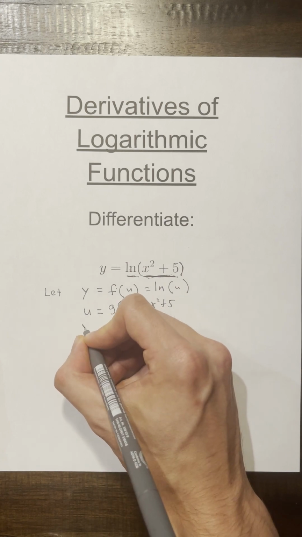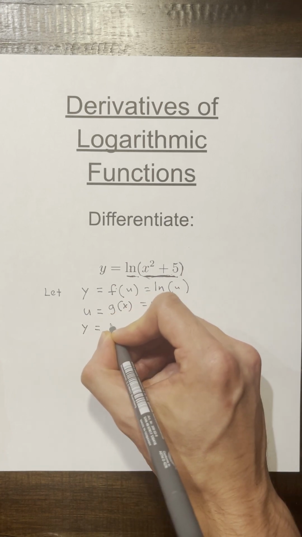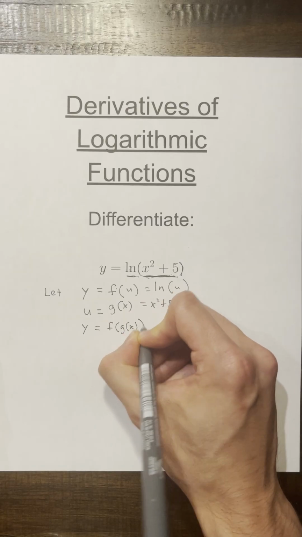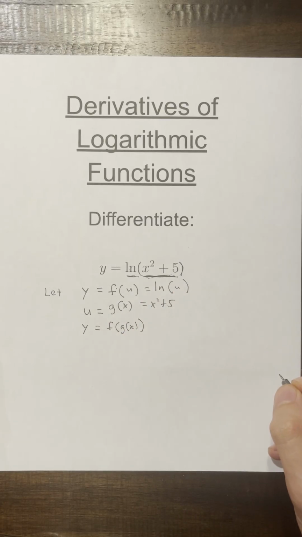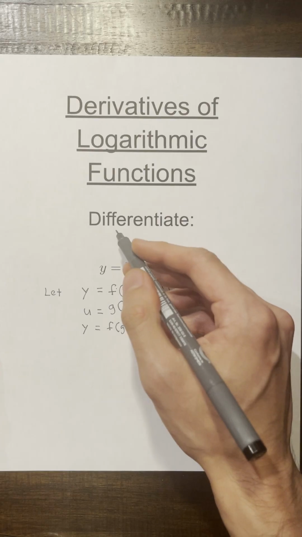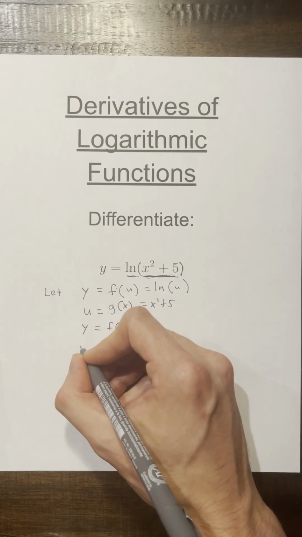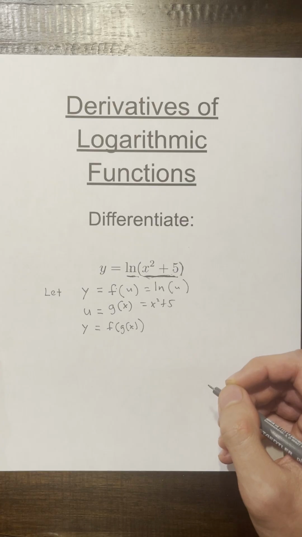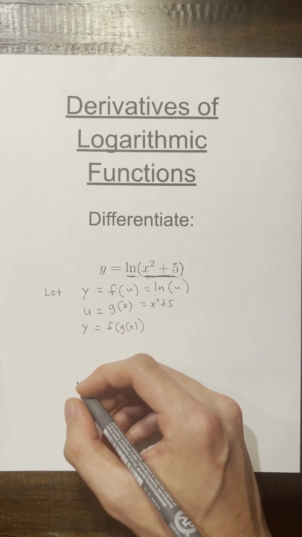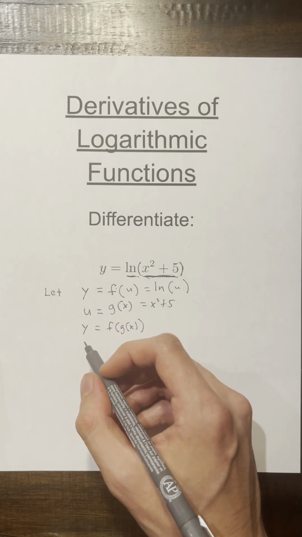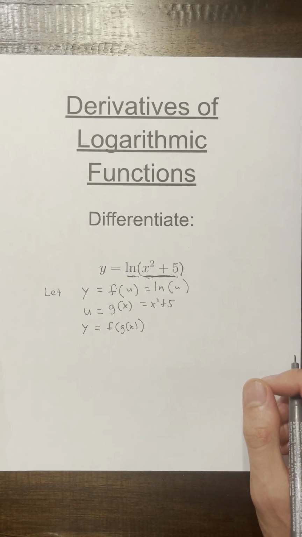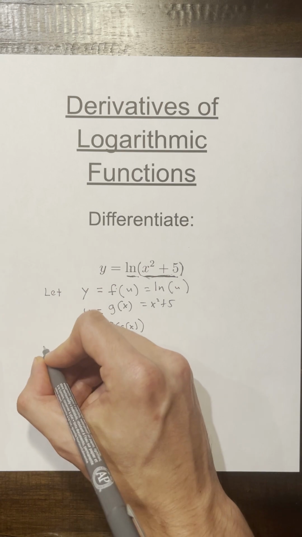Okay, so y is equal to f of g of x. And we want to differentiate, so we need to find what? We need to find y prime. And we were going to use what rule again? Chain rule.